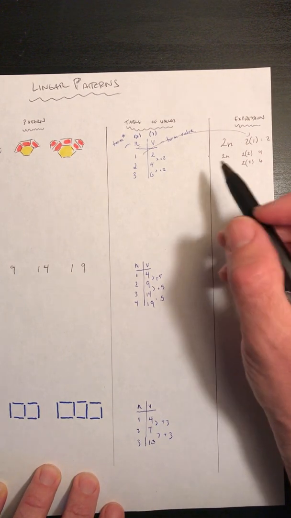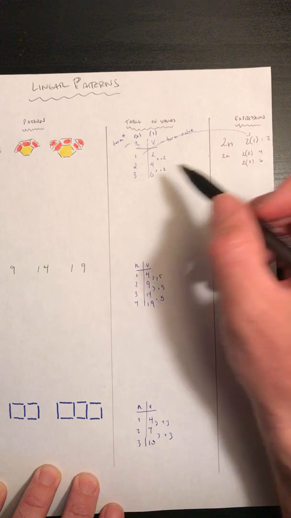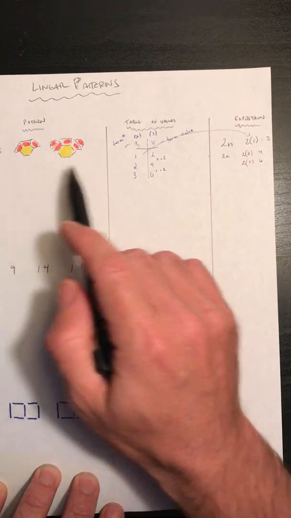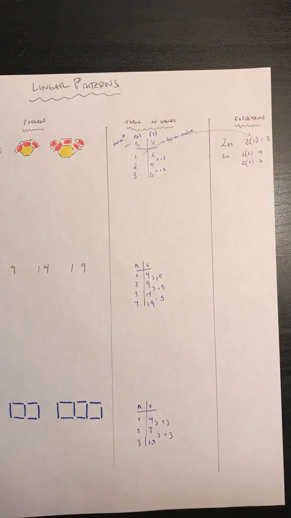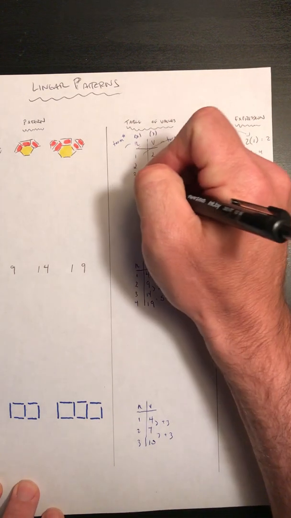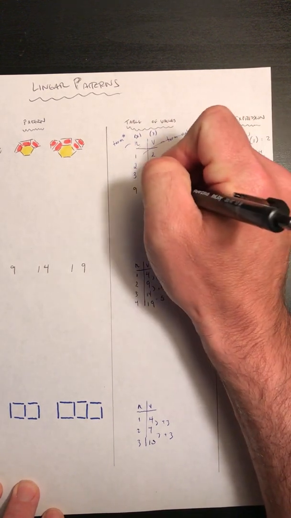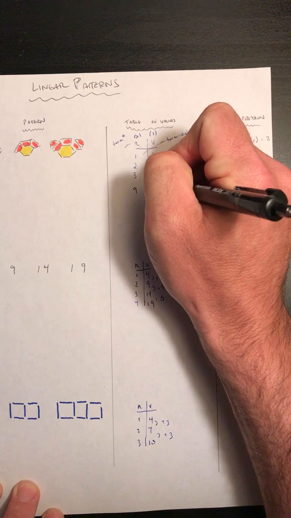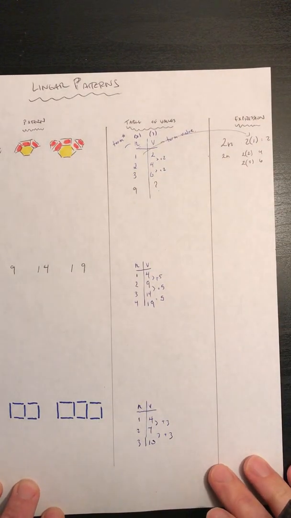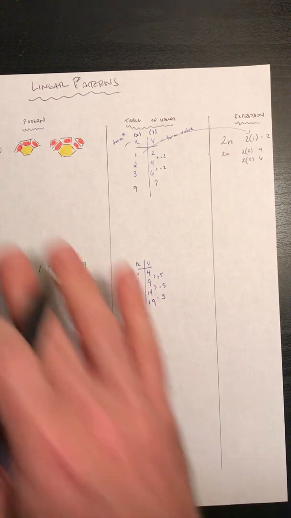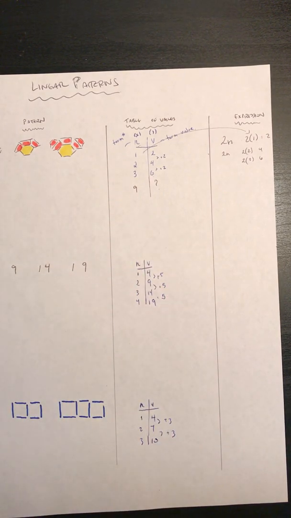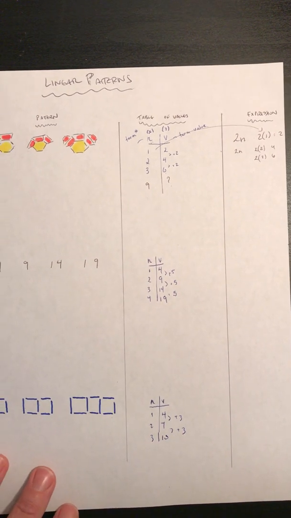So for this growing pattern, 2, 4, 6, really why we turn these into expressions is what if we had a question asking for the value of the 9th term, the 9th block. You didn't have to build it all. This would be like a shortcut.